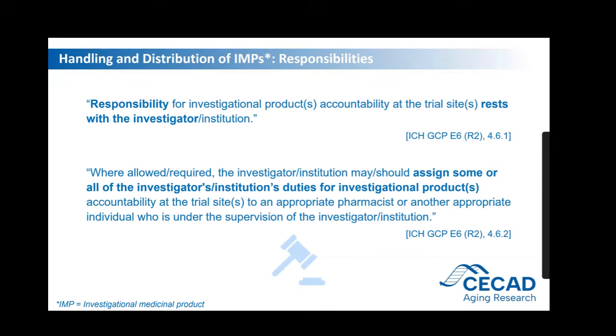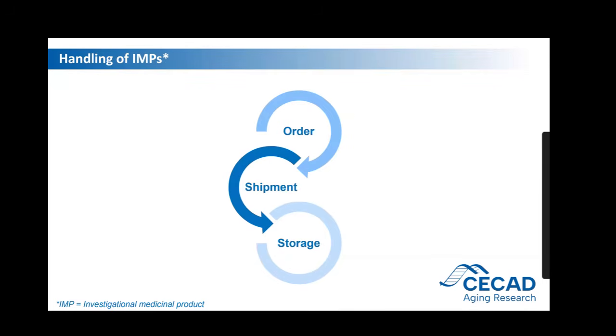It is possible to assign some or all of those duties to, for example, an appropriate pharmacist or other appropriate individuals under the supervision of the investigator, but ultimately the responsibility for the IMP at site always is with the investigator. So this is a really important topic that we will go through now, and there's a lot to consider when working with IMPs.